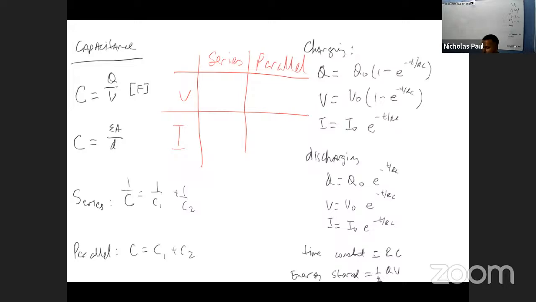Same, or split? Yeah, in series and in parallel. And current in series. Alright, so just make a note of that because some of you also remember it, right?